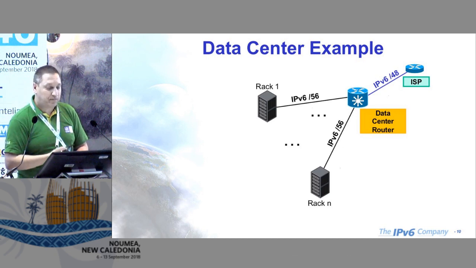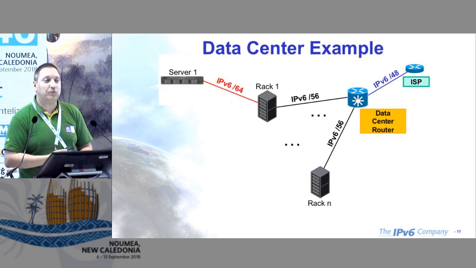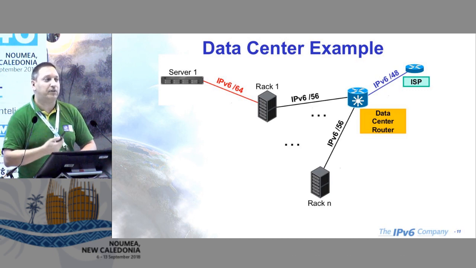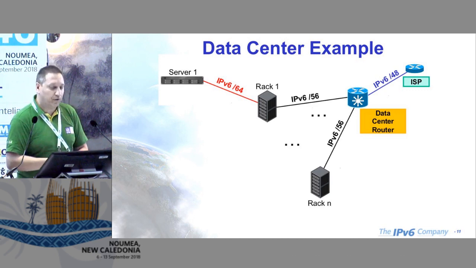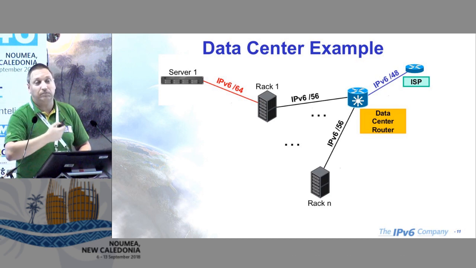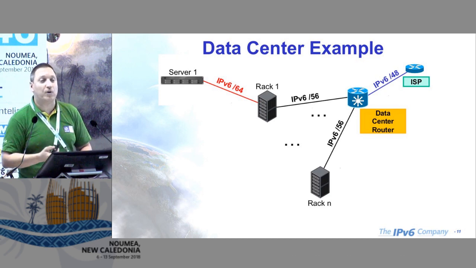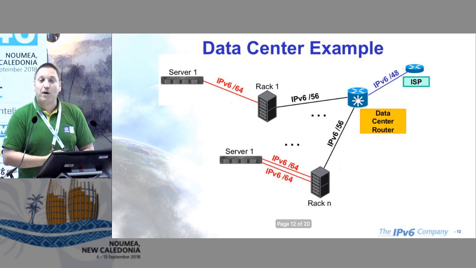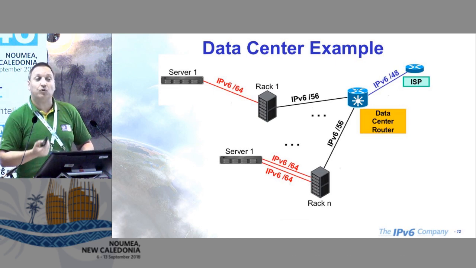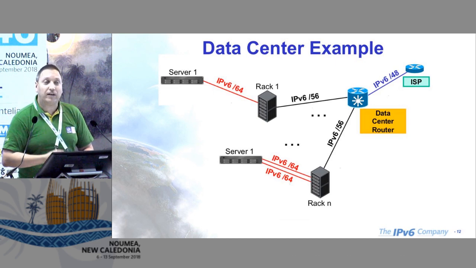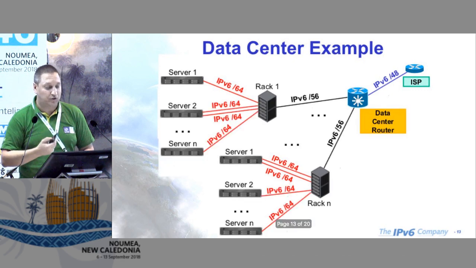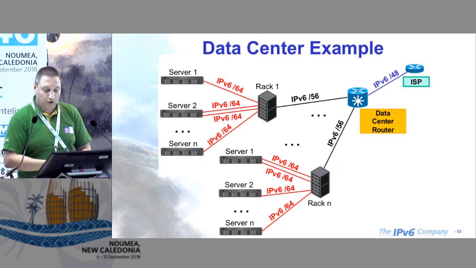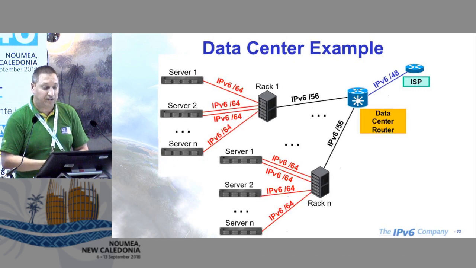And then we have one server with a single interface, and in this interface, the physical server gets a complete /64, and then there may be virtual machines or whatever needs for multiple addresses from the single /64. If you have a server that has two interfaces, you can exactly the same allocate one /64 to every interface, and so on and so on. Okay, so that will be the case for a data center.